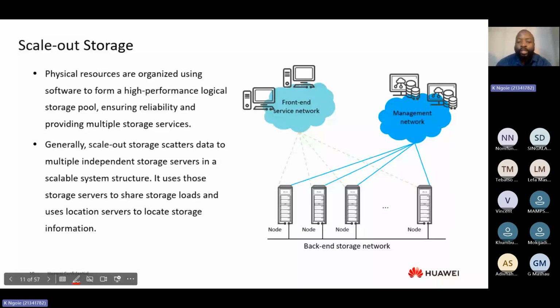It's an architecture where you can add more servers. These servers have their own disk, if you want to increase the capacity or the performance of your system. So we create an architecture where we can add multiple servers that work as a network.